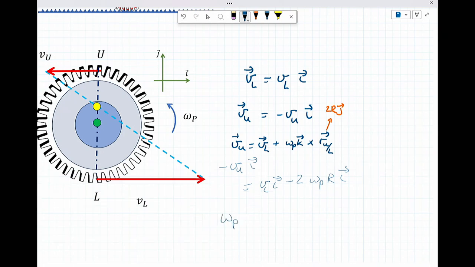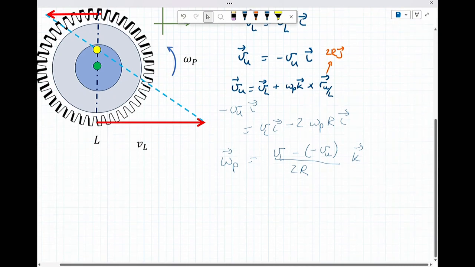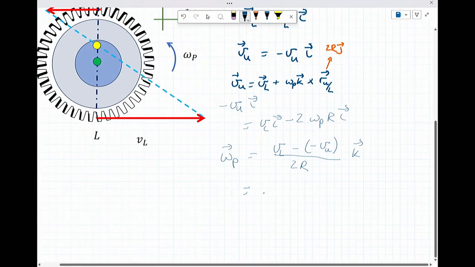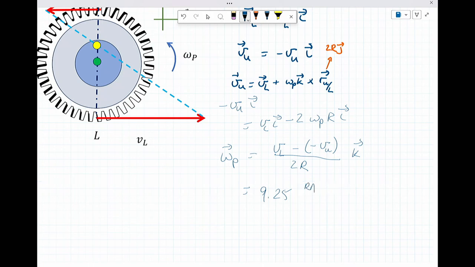And no surprise here, I get the same relationship as I had before, which is going to give me 9.25 rad per second in the k direction.